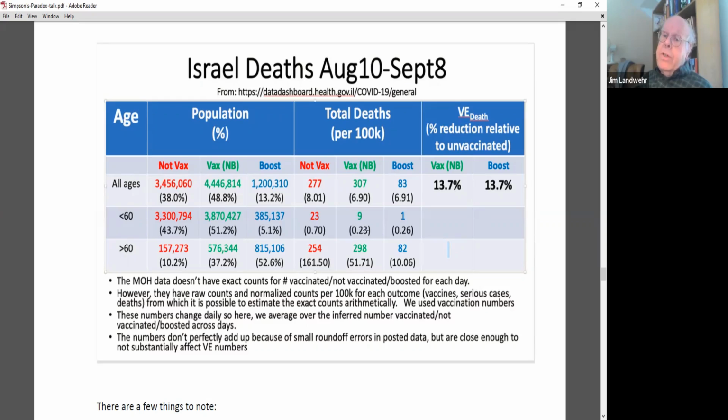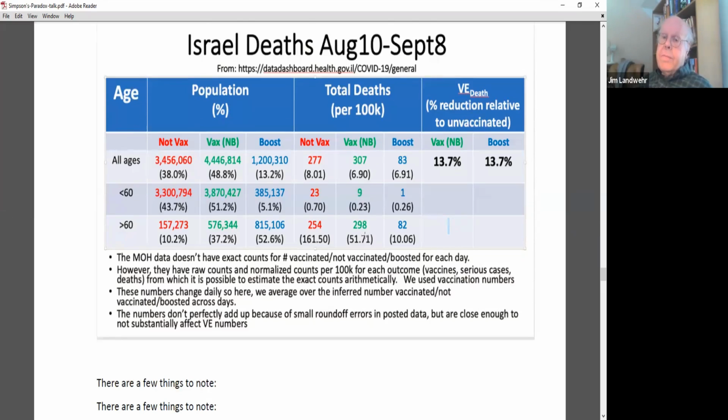The death rates 0.23 and 0.26 are quite a bit lower than the death rate of 0.27. So we see two things here. Within each age group, the death rate is apparently lower for the two vaccinated groups, and there's a huge difference in death rates between the older than 60 and younger than 60 group.